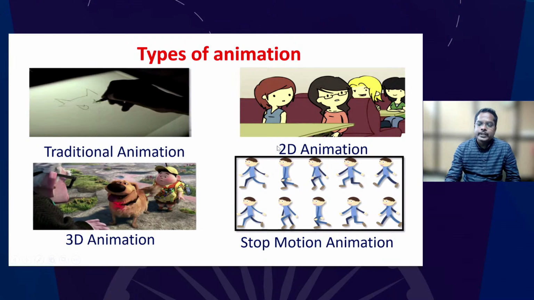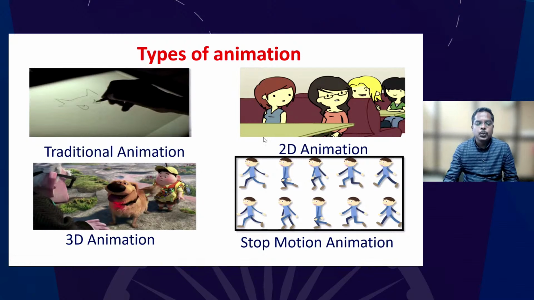So traditional animation is made manually. The other 2 types, 2D animation and 3D animation, are in digital format. There are different kinds of software where the images are drawn and made into animations, like Adobe Animate, Blender and Synfig. But when we come to stop motion animation, it's very easy to create.